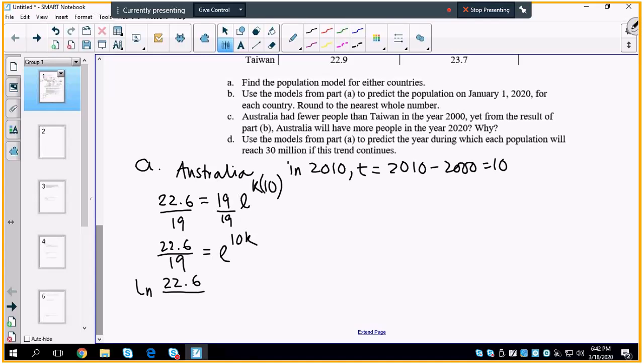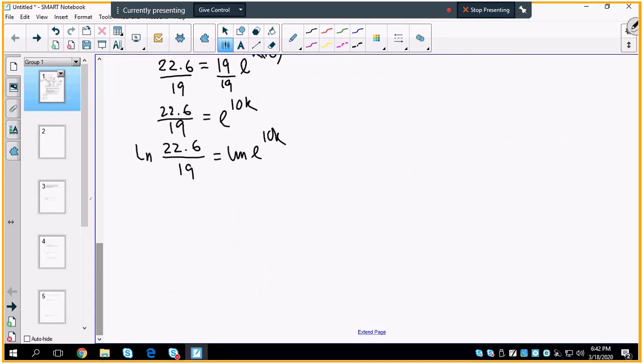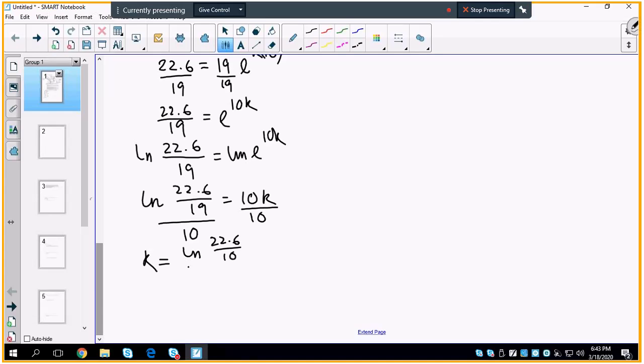So natural log of 22.6 over 19 is equal to natural log of e to the power 10k, so natural log of 22.6 over 19 is equal to 10k. You divide both sides by 10, and that gives the growth rate of Australia, which is natural log of 22.6 over 19, all over 10.